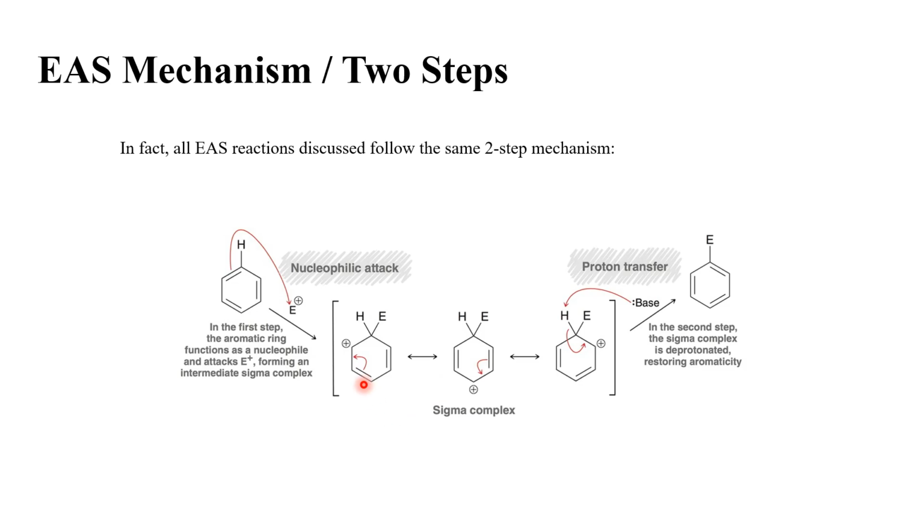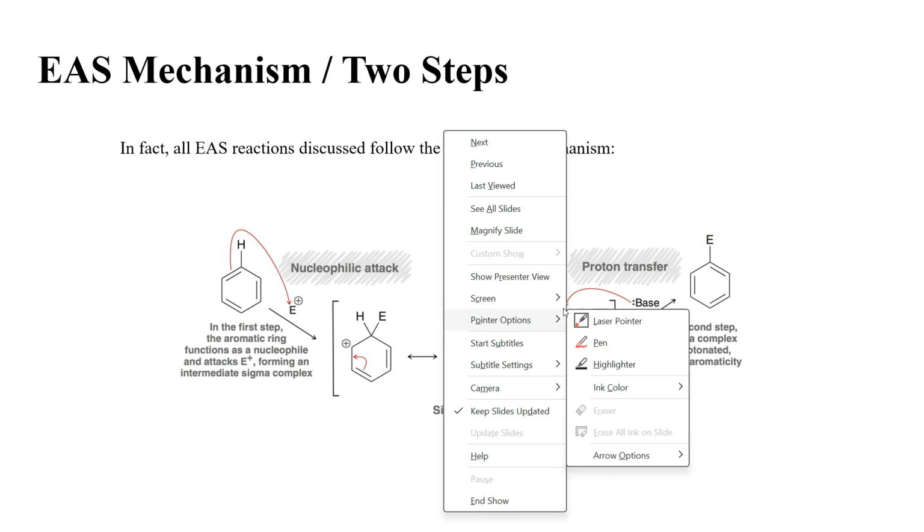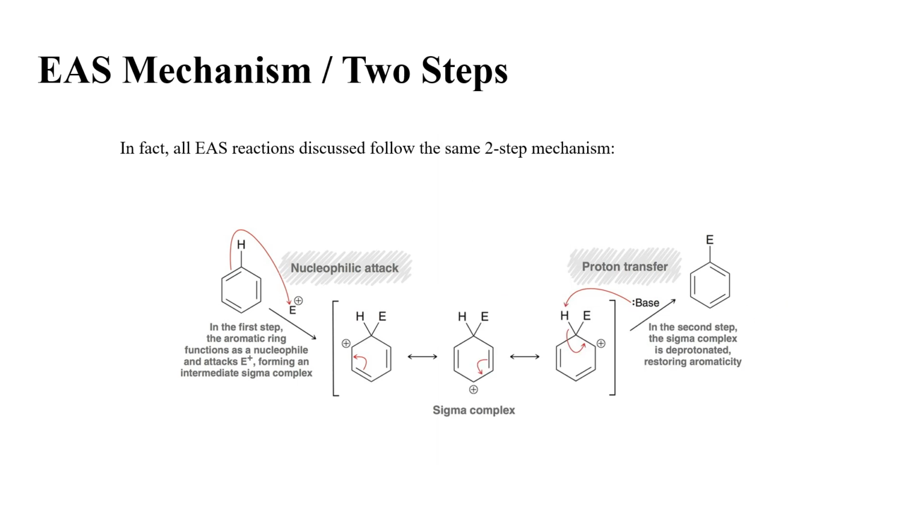Now, I do want to point out that you do not have to draw the resonance structures to eventually do the deprotonation. You could just do the deprotonation right away. As soon as you form the carbocation, I could have just drawn this here. I could have just shown B for base taking this proton and restoring aromaticity, right?